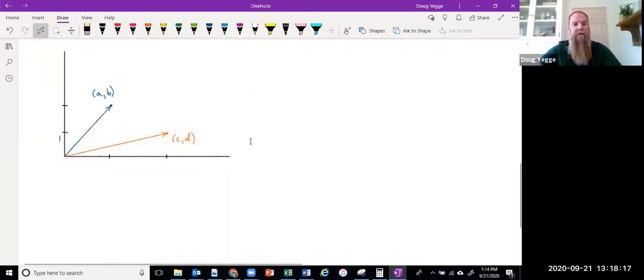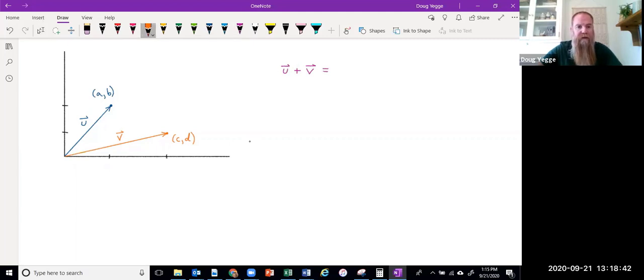So I'd now like to remind us about what we did before when we graphed the sum of two vectors graphically. Let's say this is vector u and this is vector v, and I'd like to find u plus v. Graphically, I applied the parallelogram law.